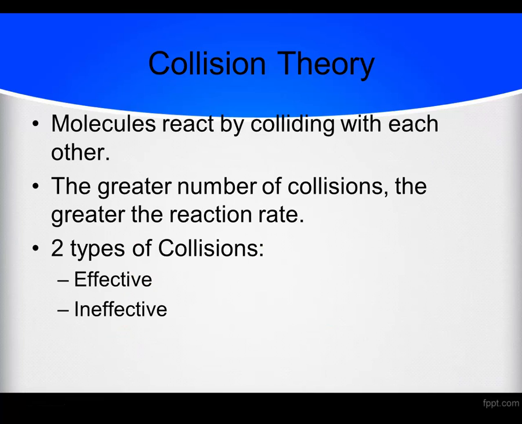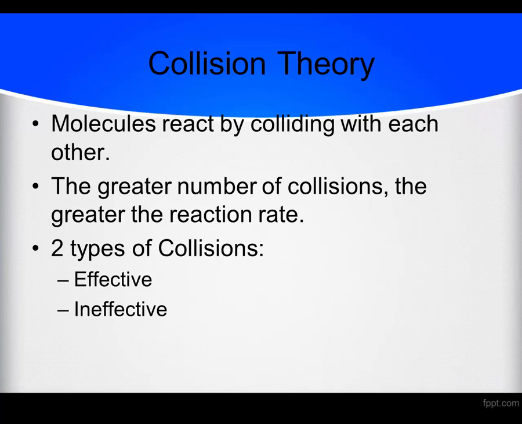Okay, so the idea of a chemical reaction happening is governed by something called collision theory. Notice it's our best idea of how reactions happen. Basically, the idea of collision theory is that molecules are going to react by colliding with each other. That's why it's called collision theory. They have to actually hit each other.